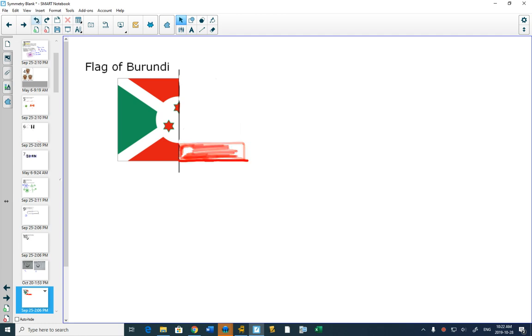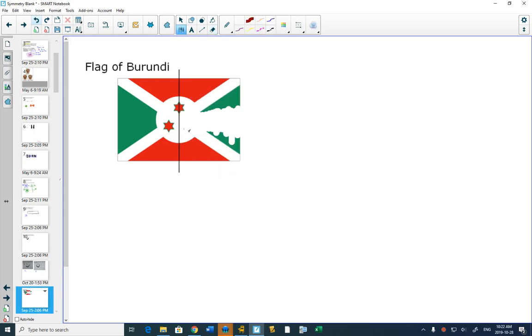Can someone else draw? I'm going to try to see how I do. I would like to. Okay. I'll start with my red really quick. Okay, and now green.